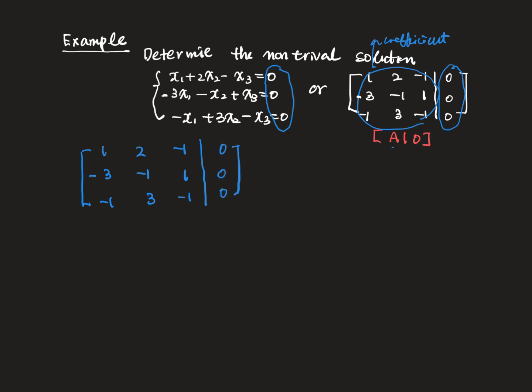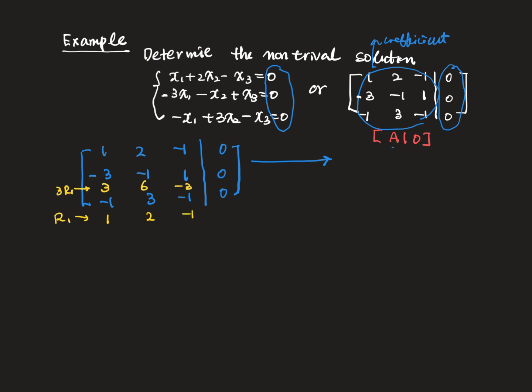I want to speed up a little, so I'm not going to give the detail of row operations, but you're pretty good at it right now. So first, 3R1 is right there: 3, 6, -3. R1 is right there: 1, 2, -1.